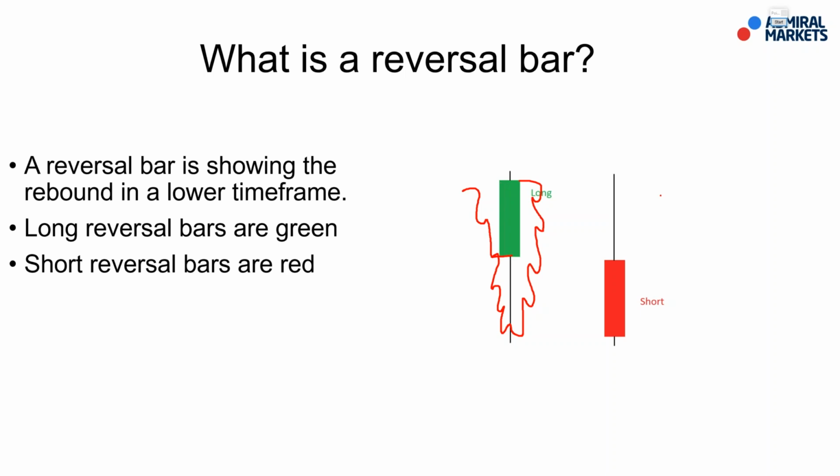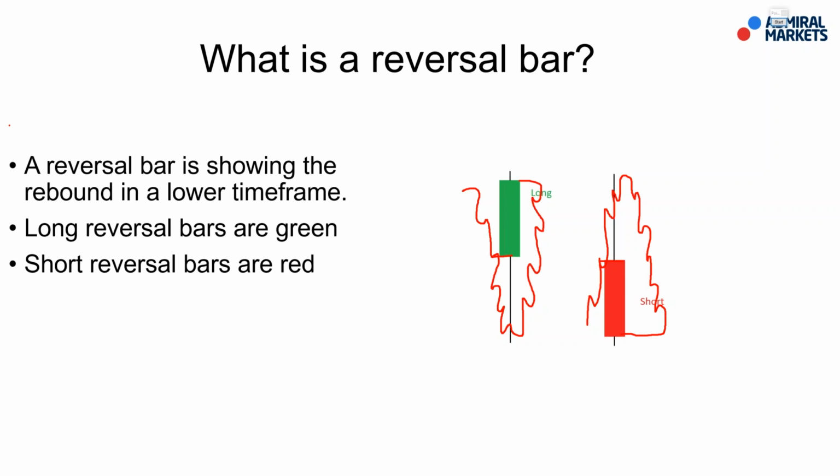In the short reversal bar, maybe this is the daily chart, you can see an uptrend in the hourly chart, maybe. Then you see the rebound and a downward-facing short trend with a lower close than the opening.